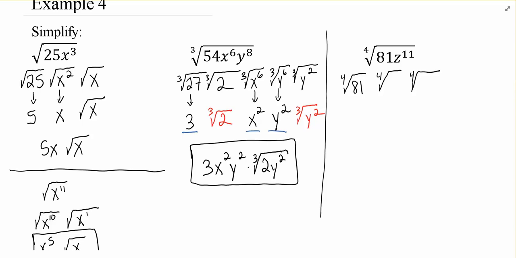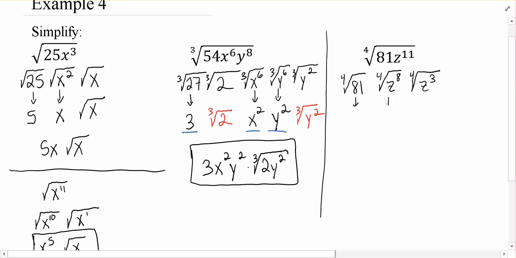So one thing you can do on these is just count by 4s. 4, 8, 12. Oh, 12's too big. Let me go back a little bit. 8. So that's what we're going to use as z to the 8th. And if I've accounted for 8 of my 11 z's, there are 3 of them left.